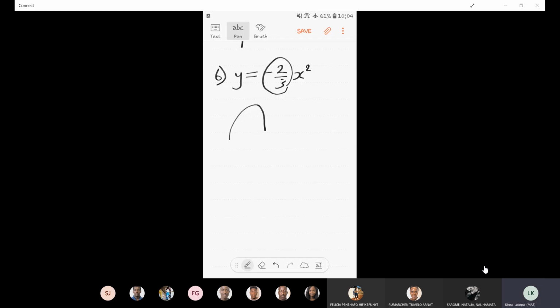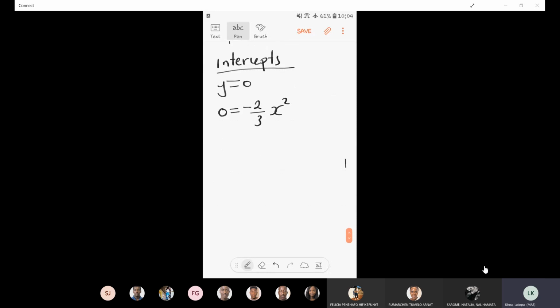Okay, so we see that it opens downwards. We just need our intercepts. Now we start when y is equal to 0. Now when y is equal to 0, we will have 0 is equal to minus 2 over 3 x squared.